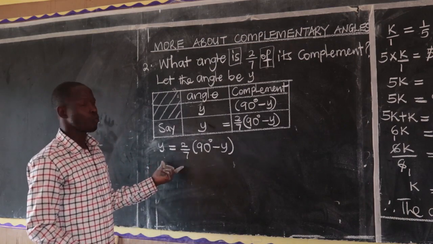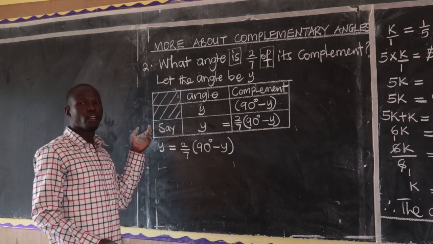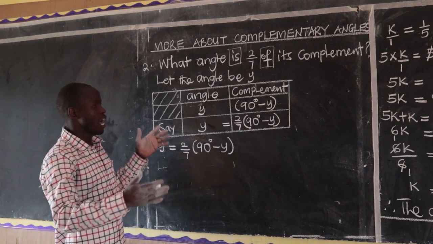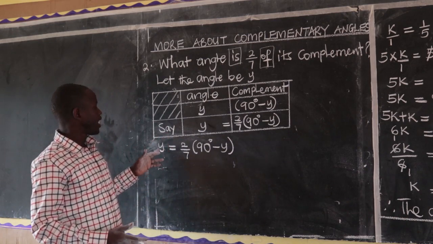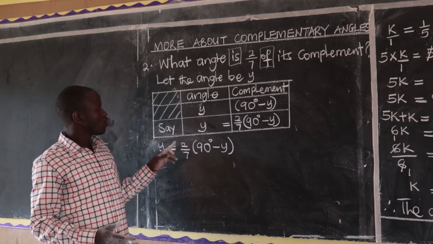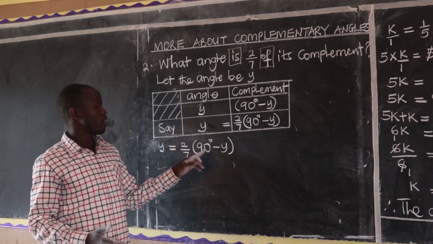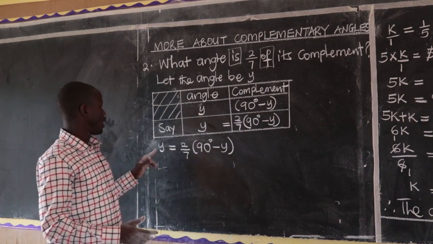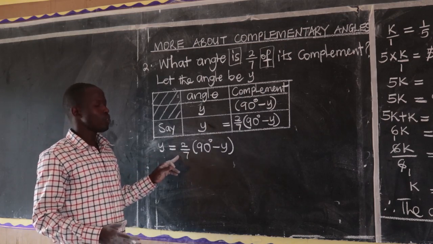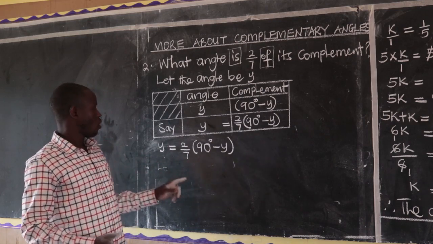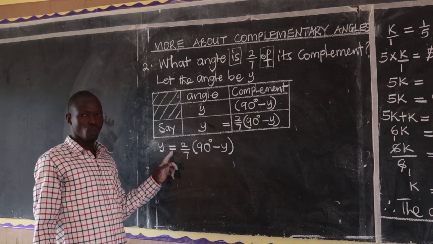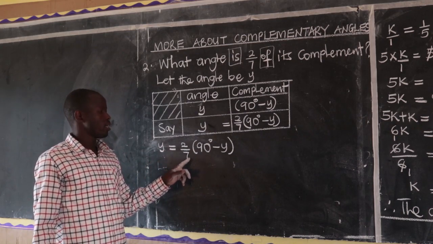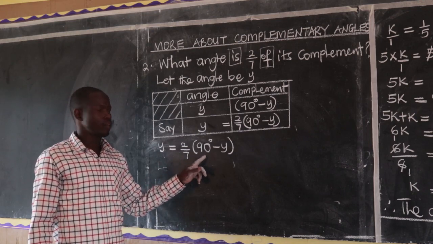So when you're forming the equation, you use this step of say to form the equation, making the angle and the complement equal. So that we say the angle is 2/7 of the complement. Y, which is the angle, is equal to 2/7 into brackets 90 degrees minus y.